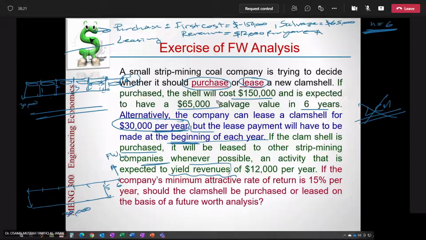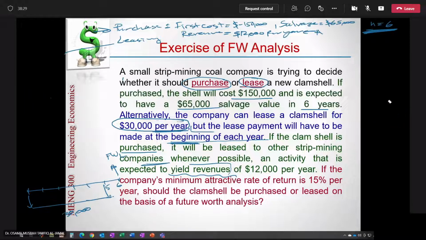What comes to the purchase? What will be the standard notation or the cash flow diagram for it? Again, it's over 6 years. Noting this: at year 0, the first cost, 150,000.